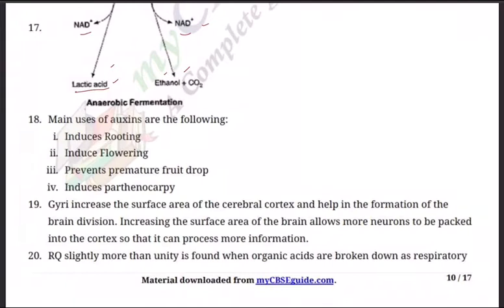In deficient or no oxygen, the muscles will have lactic acid. Presence of lactic acid in the muscles makes muscles tight, so we say muscle catch.